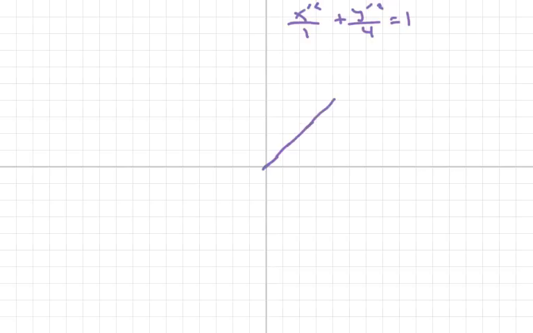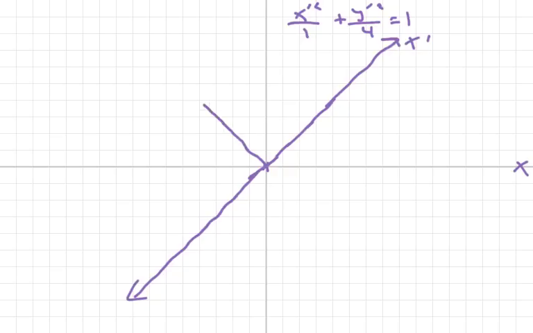I'm rotating my axis 45 degrees. That's x prime. This was x. I'm going to do it down here as well. And my y prime goes this way, 45 degrees. There you go. I'm just drawing the y equals x, basically. Okay, so this is your y prime, and it got rotated.